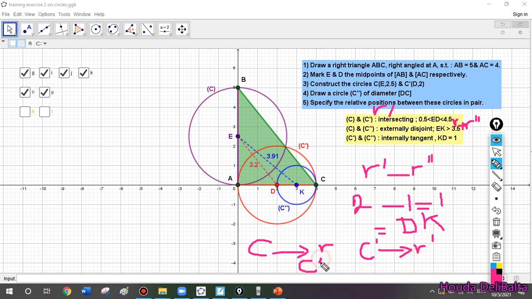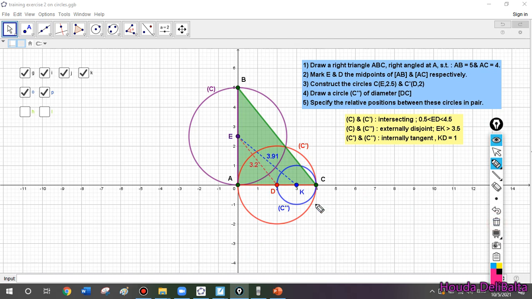And for C double prime, as you see, the radius is r double prime. So here we have to say it's greater than r plus r double prime. And here we say that the bigger one, r prime, minus r double prime, that's the difference between the radii, and it's exactly equal to the distance between the centers, and thus the circles are said to be internally tangent. It's clear that they are internally tangent.